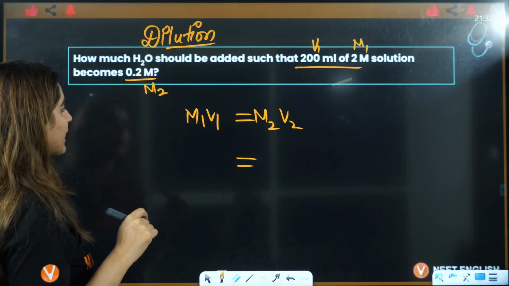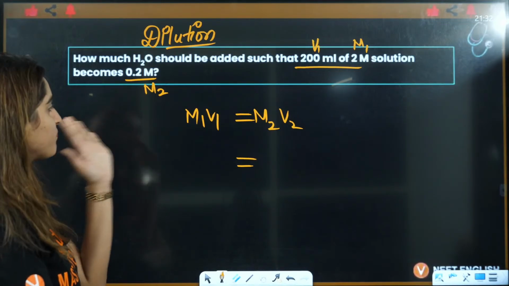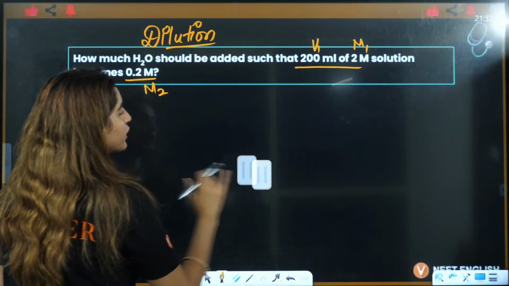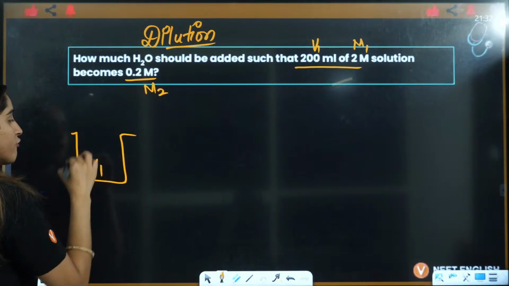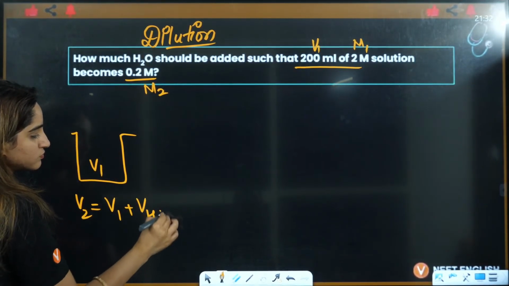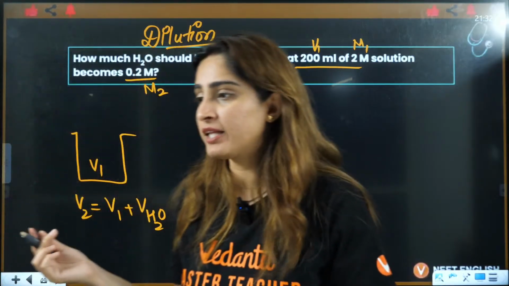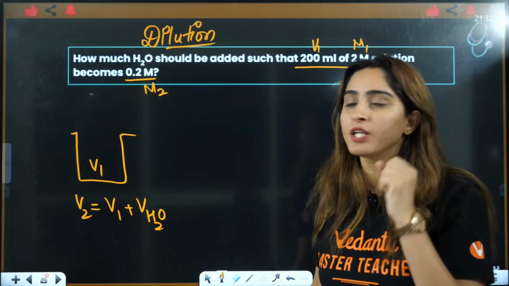So one more thing is very important. How much H2O? One more thing you should know: this is V1, and V2 is equal to V1 plus water. You can't just directly apply the formula and get the answer. You should know what they are saying in the question.